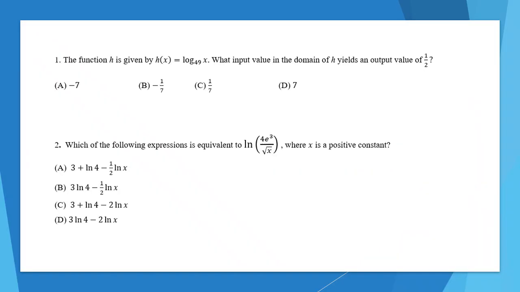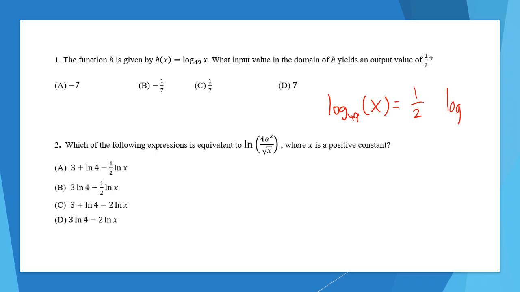All right, so for version A, question number 1, the function h is given by log base 49 of x, and we want to see what x value yields an output value of 1/2. Remember, if we have a log form and we want to solve for x, we're going to throw this into exponential.